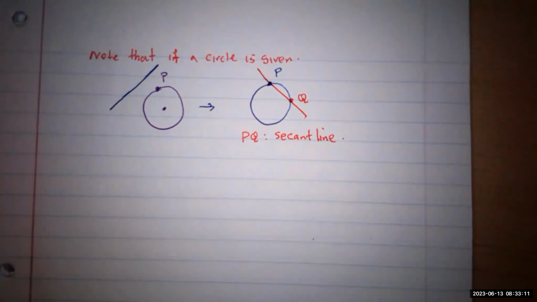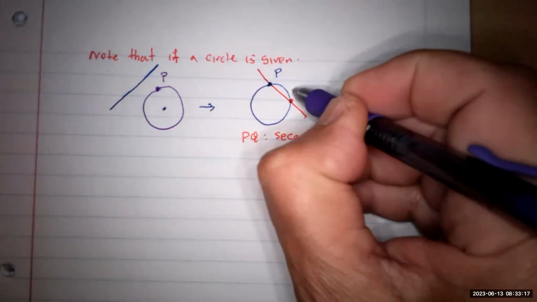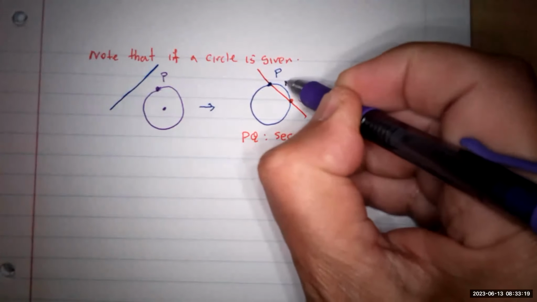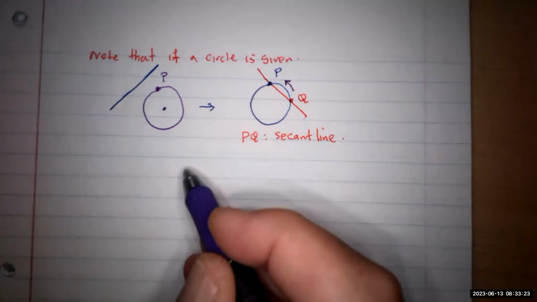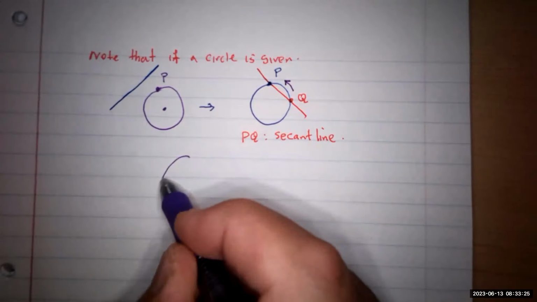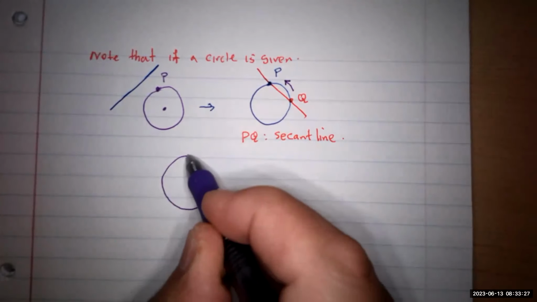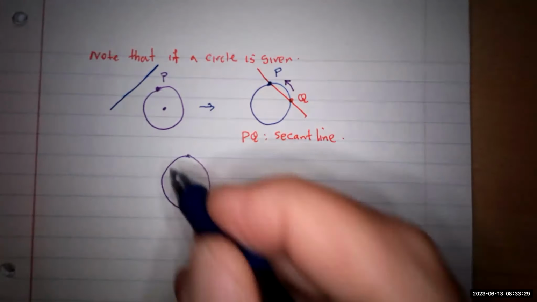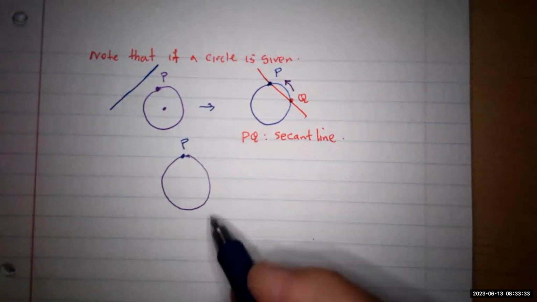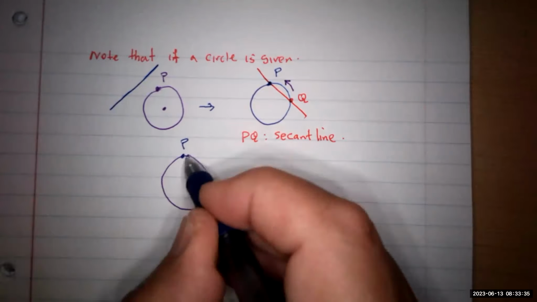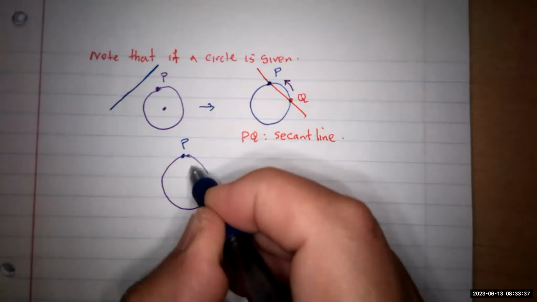But in order to be able to get the tangent line, the way we do it in a circle, we move this point Q towards P. If you move it, you are going to get this type of lines. So this is the circle that we did have, and that is going to be the point P. That was the original Q, if you like.